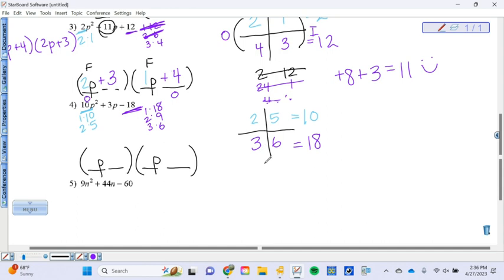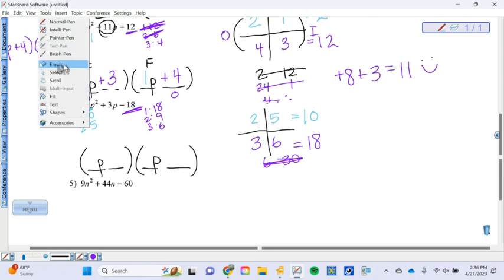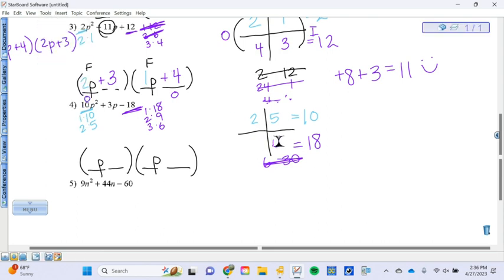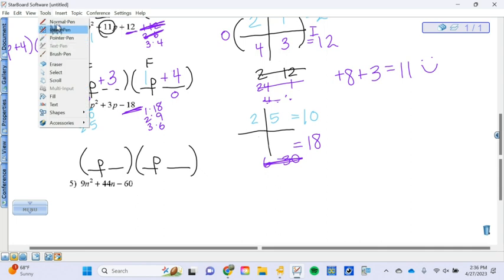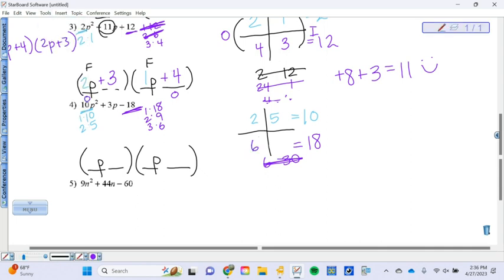2 times 3 is? And 5 times 6 is? Are 6 and 30 going to get me to 3? No. So what if we flipped them? What's 2 times 6? 12.